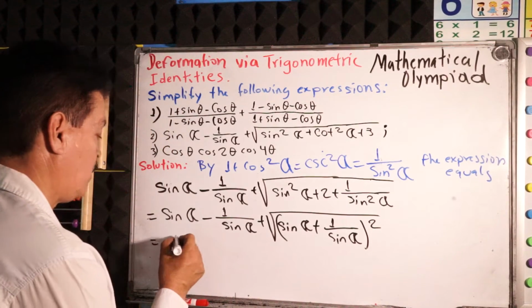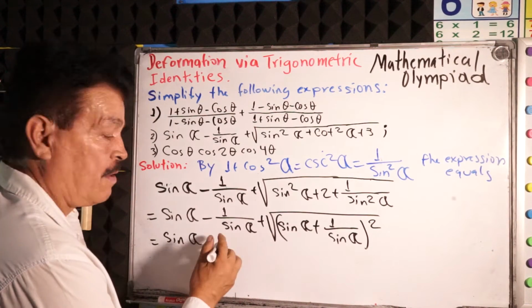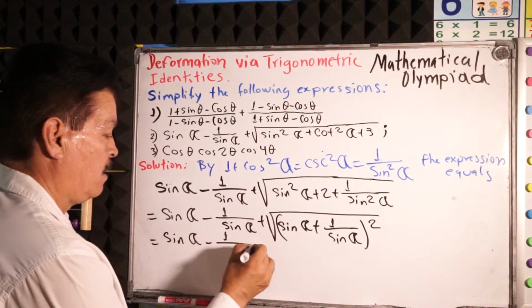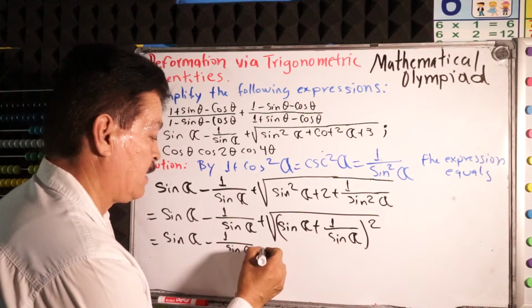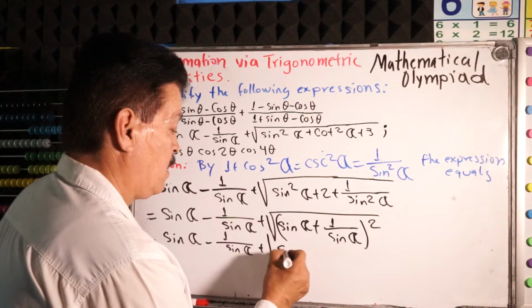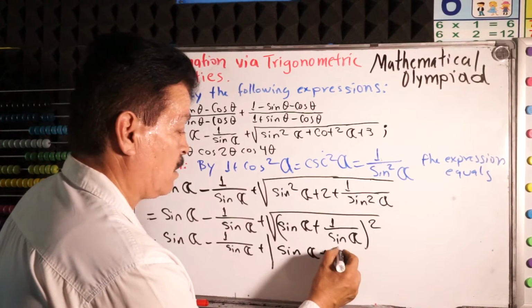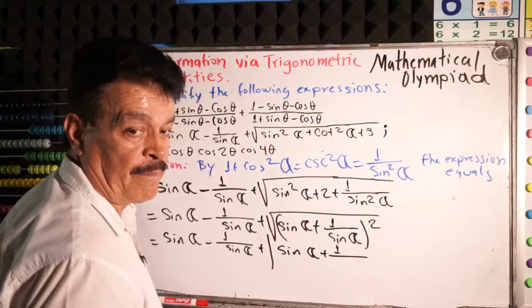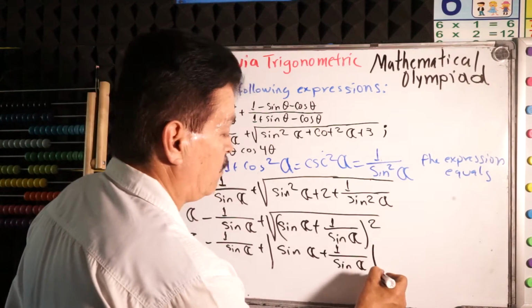Next, as we will have sine of the angle minus 1 in absolute value, plus the absolute value of sine of this angle plus 1, sine of the angle, absolute value.